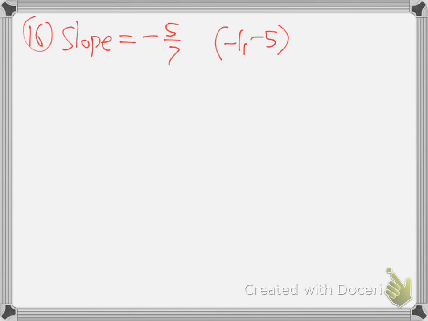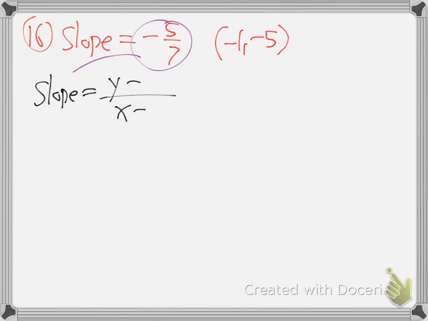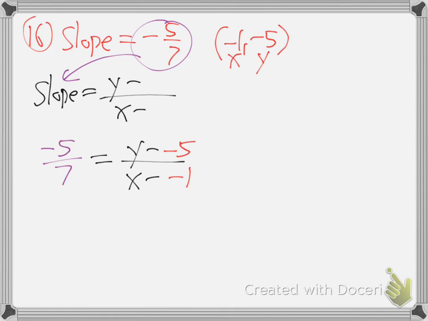So we're going to write slope equals y minus blank over x minus blank. Becomes 5. And I'm going to take the slope minus 5 sevenths, put it over here on the left side. Always put the negative on the top. Other side, I'm going to grab the x value and put it next to x, and the y value and put it next to y, like that. We good to there? And now we're going to go diagonal, diagonal.